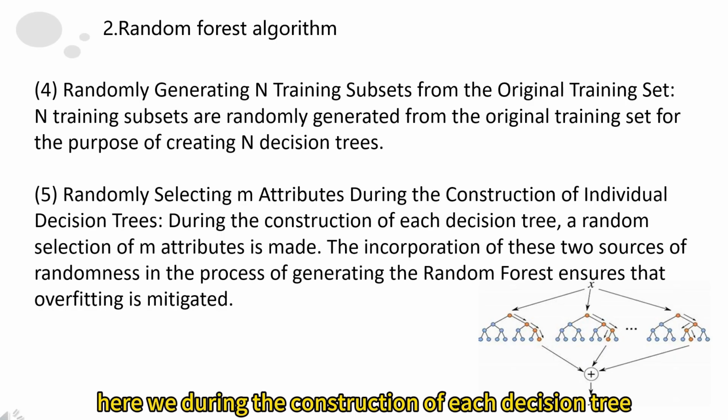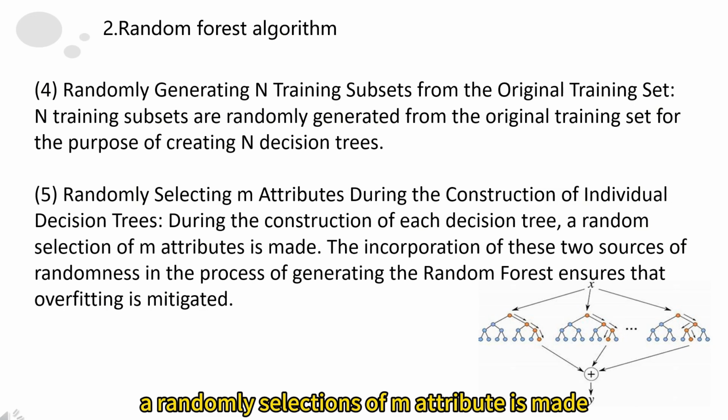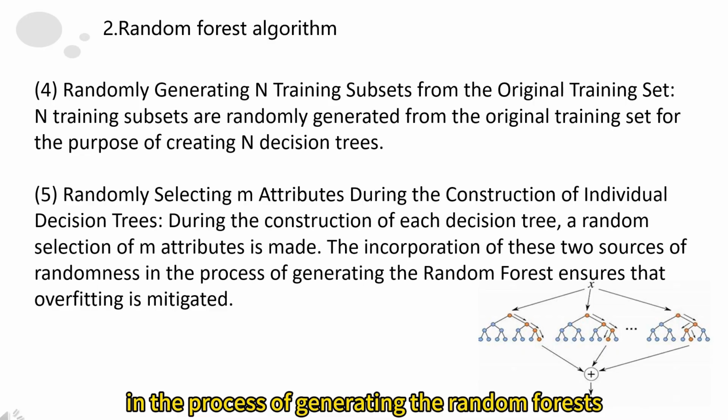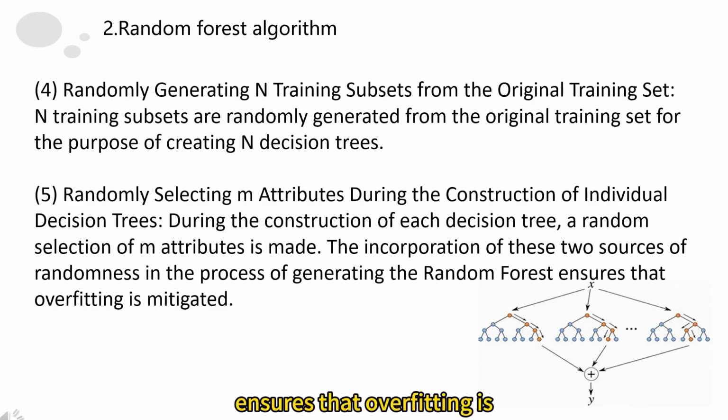Here, during the construction of each decision tree, a random selection of m attributes is made. The incorporation of these two sources of randomness in the process of generating the random forest ensures that overfitting is mitigated.